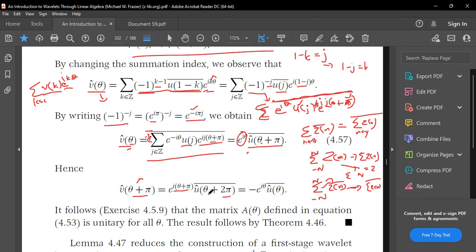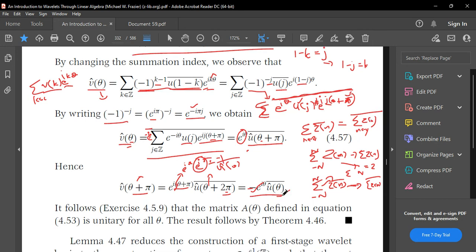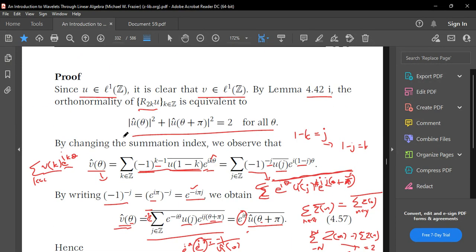Since u cap is periodic with 2 pi, we can write this as u cap of theta conjugate, that is written here, and e raised to i theta into e raised to i pi. What is e raised to i pi? It is minus 1. So we will get this one, and we get v cap and u cap from here.